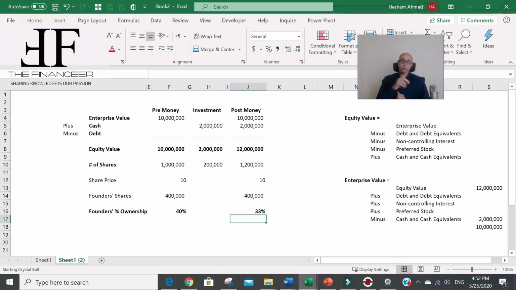Now let's come to the facts. At each round of the investment, the ownership percentage of the early investors or of the founders will start to be diluted, will start declining. Why? Because you are issuing new shares.